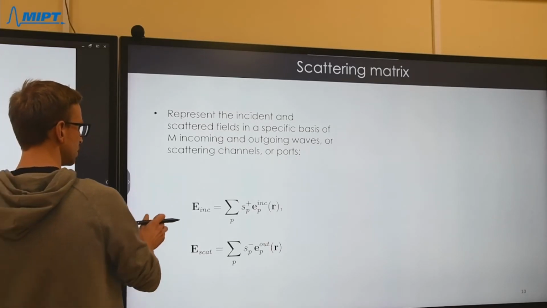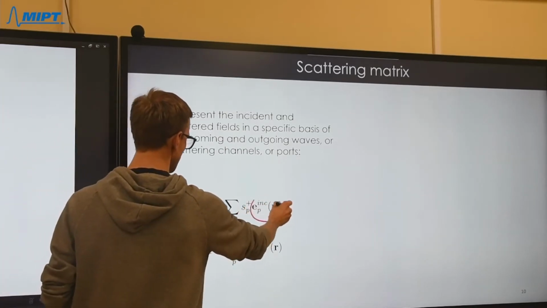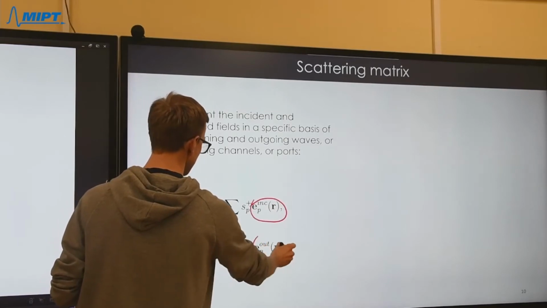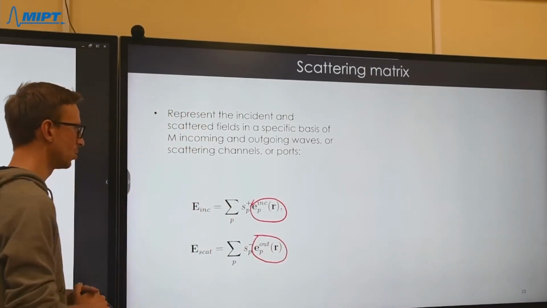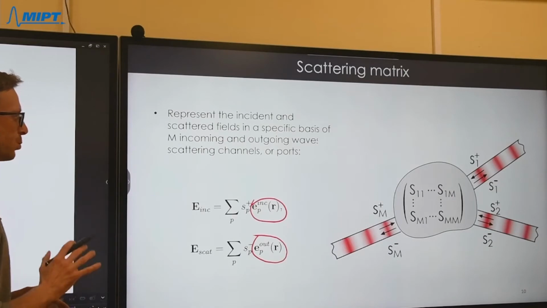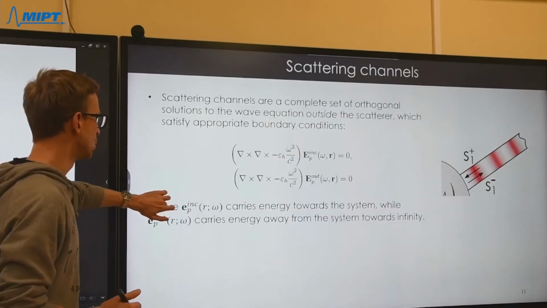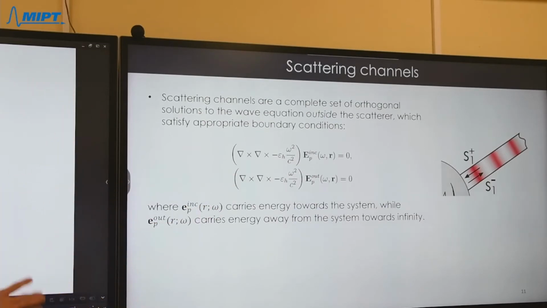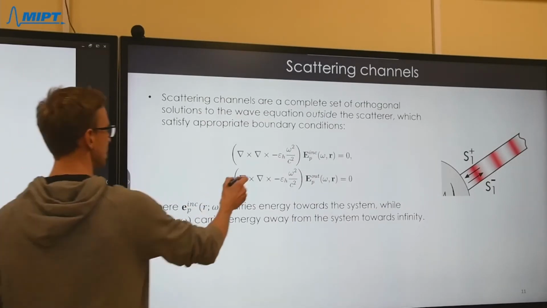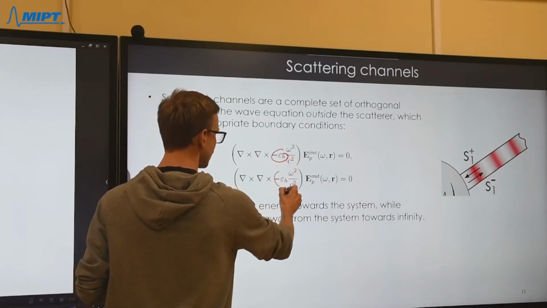We're going to introduce these waves, E incident, E outgoing, called scattering channels or ports, as solutions of the wave equation in free space in the absence of the scatterer with different boundary conditions.